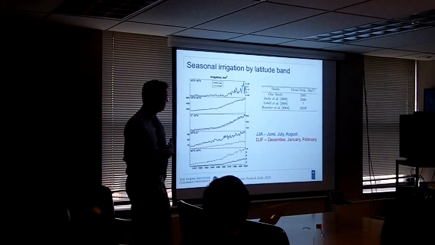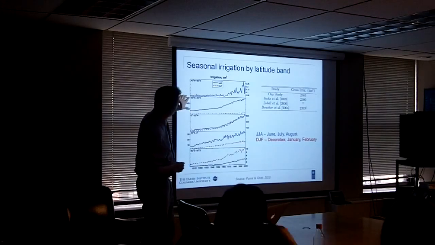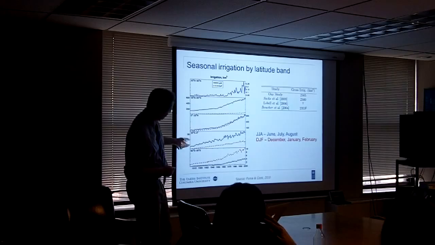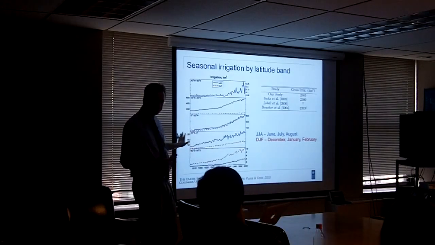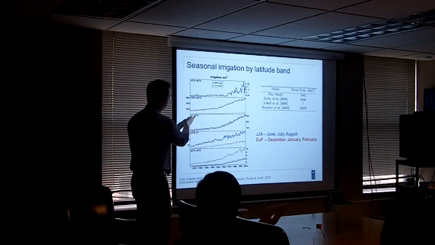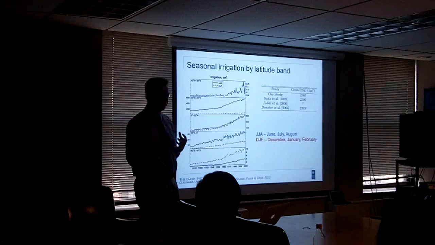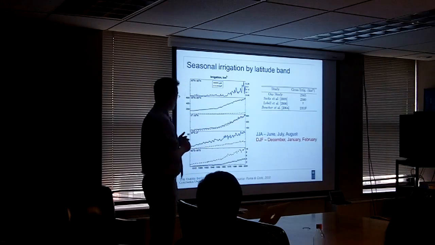Irrigation rates are substantially higher. Same thing, 30 to 60 north. The scale here is much smaller in the southern hemisphere, as expected. So really what we're interested in is between 0 and 60 north. This is where most of the land area is and most of the irrigation is.